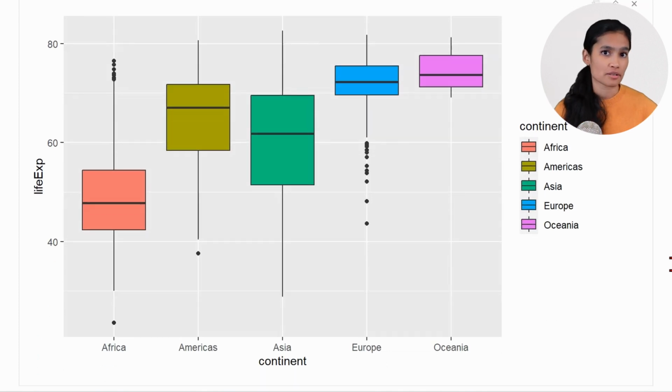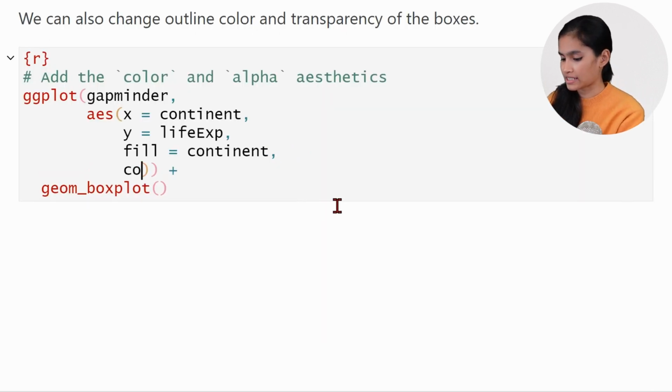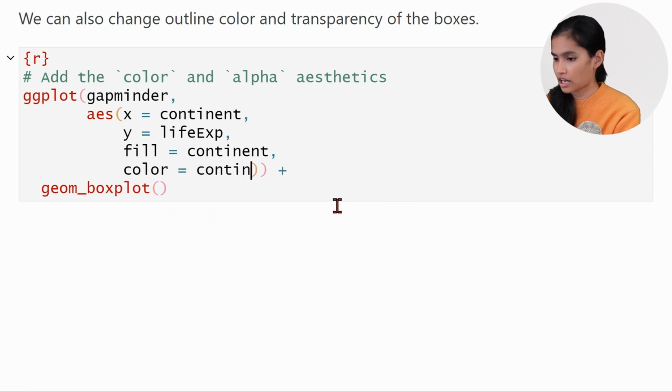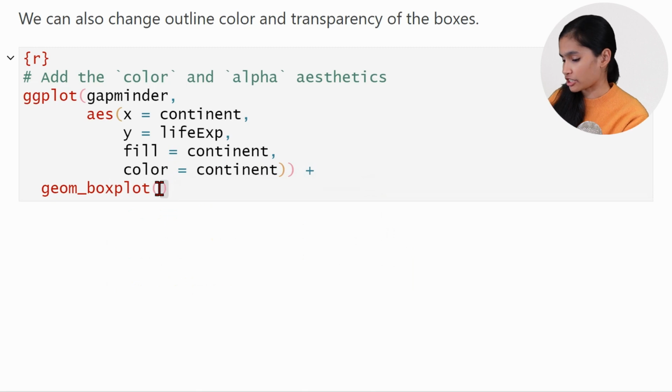While the fill argument has colored the interior of the boxes, we can use the color argument to change the outline color as well. Other arguments that we've used previously in lessons also apply to this, like alpha for transparency. Let's go ahead and change these next. Here I'm going to set color also equal to continent, so the border and fill colors will match each other.